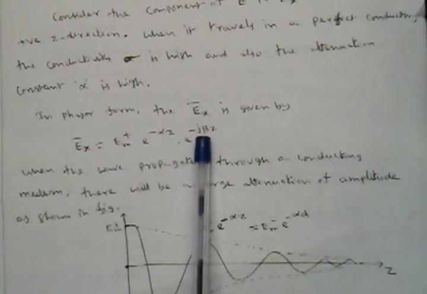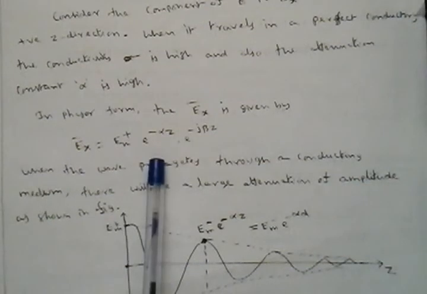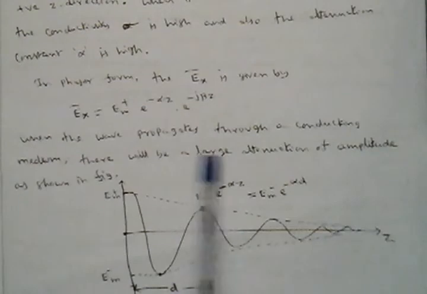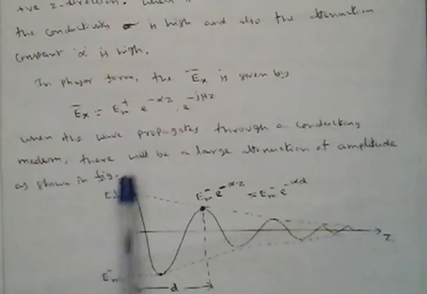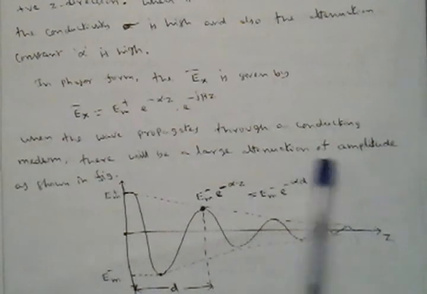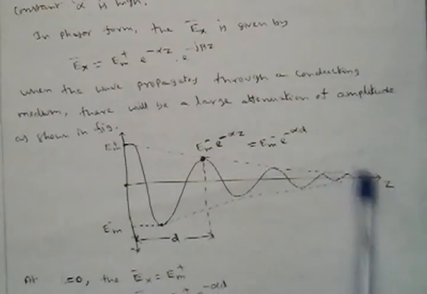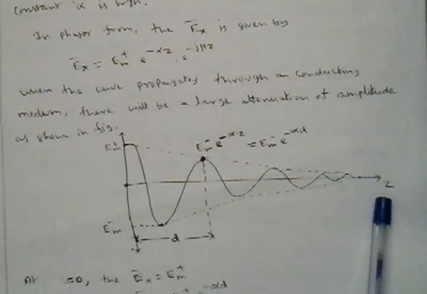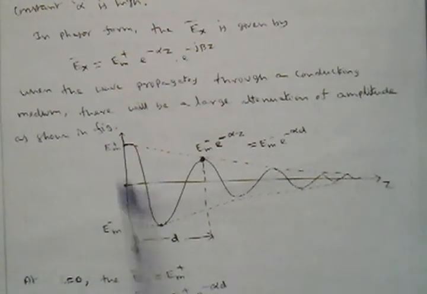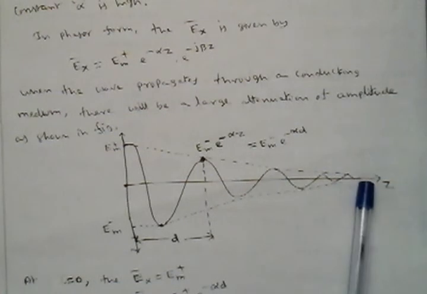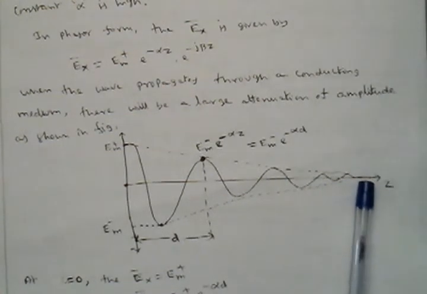As per the propagation of a uniform plane wave in a perfect dielectric, this electric field component is considered like this. When the wave propagates through a conducting medium, there is a large attenuation of amplitude. That means the amplitude of the electric field is continuously decreasing as it travels through a conducting medium. Attenuation is nothing but reduction in the value.